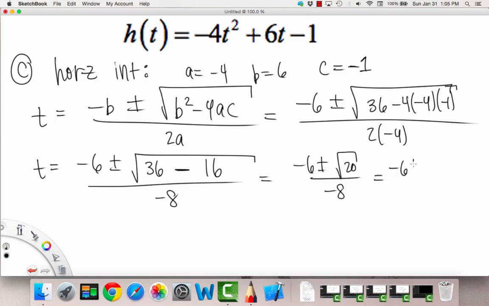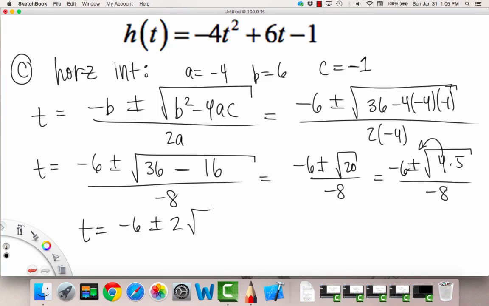We can factor out something in there. This is like saying square root of 4 times 5, so we can bring out a 2. This 4 comes out as a 2. So we get t is equal to negative 6 plus or minus 2 times the square root of 5 over negative 8. Then we can cancel some things out.